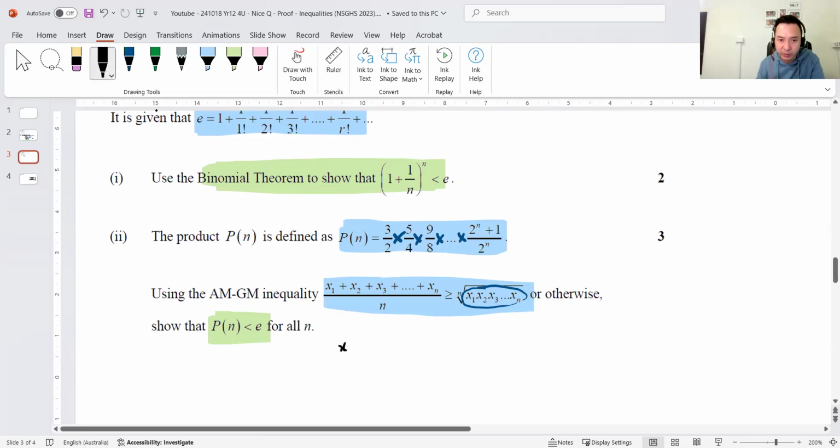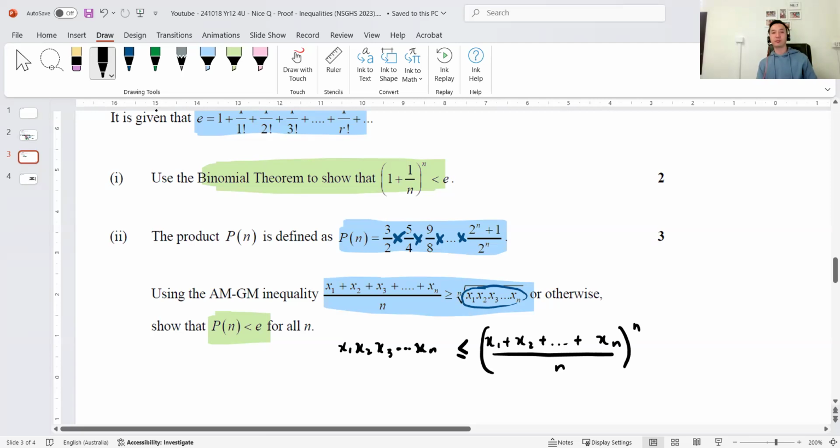So x1, x2, x3, all the way to xn is less than or equal to (x1 plus x2 all the way to xn on n) to the power of n, right? Because then I'm just going to sub this into here. Now, before you do that, I just want you to see what's special about these terms.